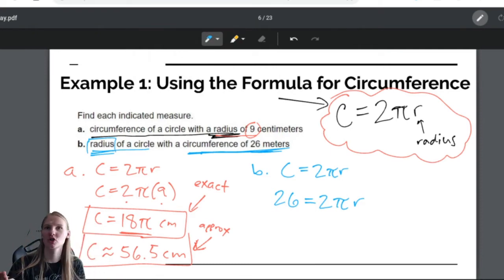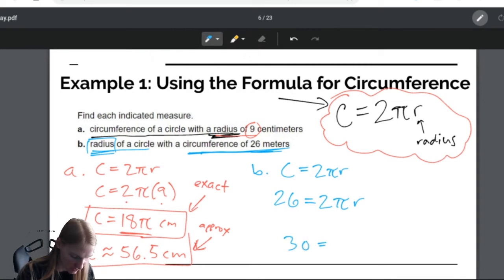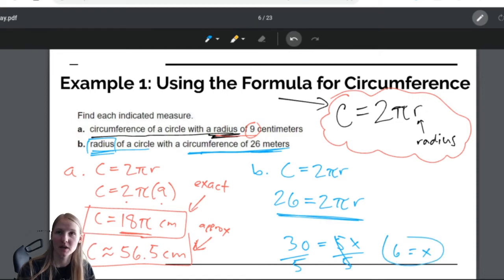So remember, this is just like any other algebra equation that we would solve. If I have 30 equals 5x, how do I get x by itself? I just divide by 5 on both sides. That cancels out the 5s, and we get that x equals 6. This is the exact same thing because pi is just a number.